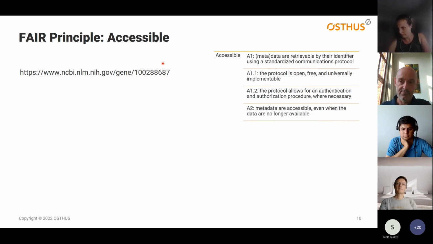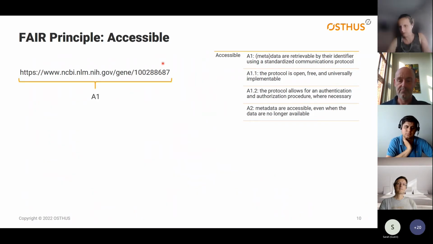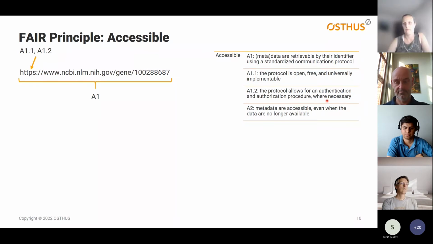So this is an example of a gene at the NCBI. And we see here the identifier of the gene at the end of the URL and the full URL, and it resolves. The protocol it uses is open, free, universally implementable. And there's also authentication and authorization where necessary. In this case, not necessary, but at least it's encrypted.